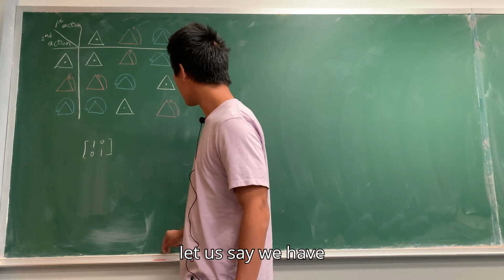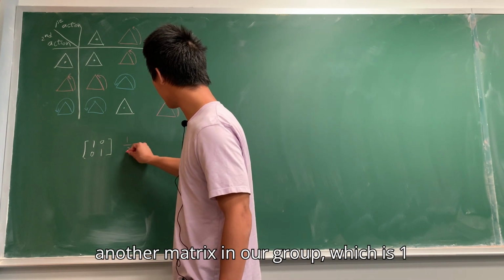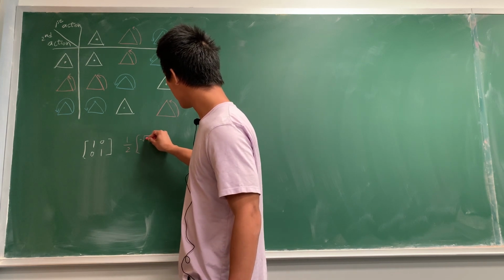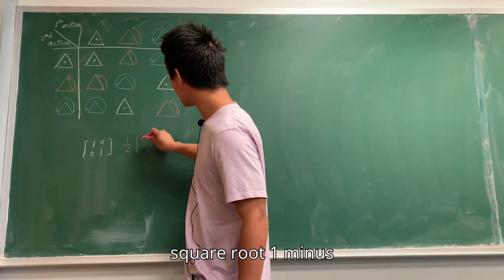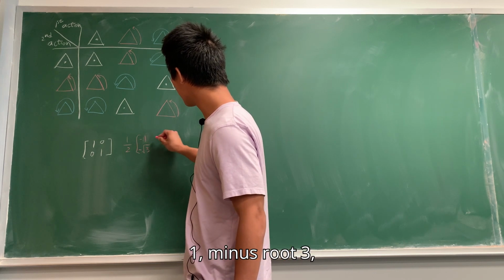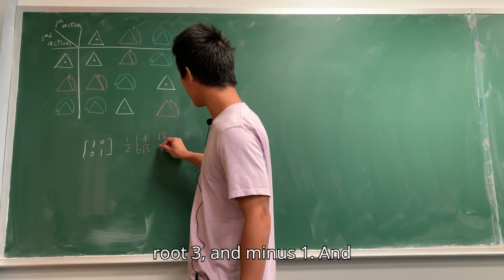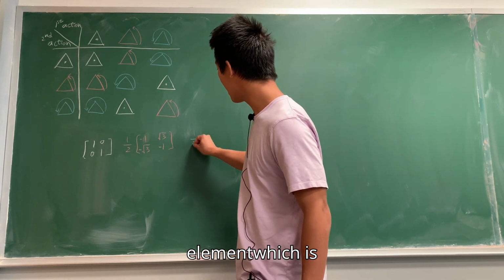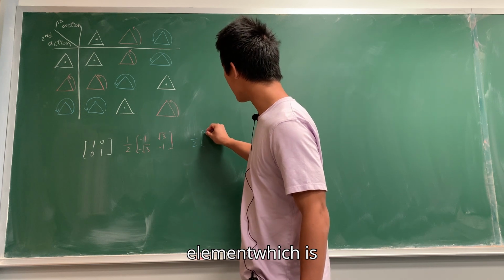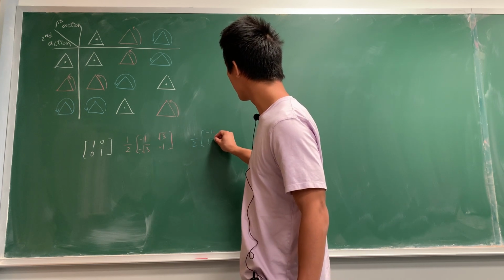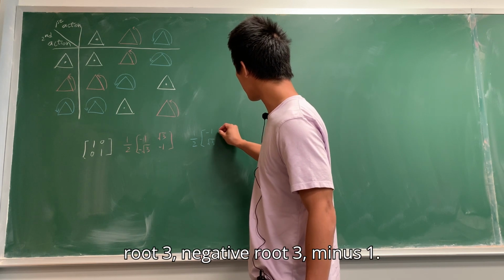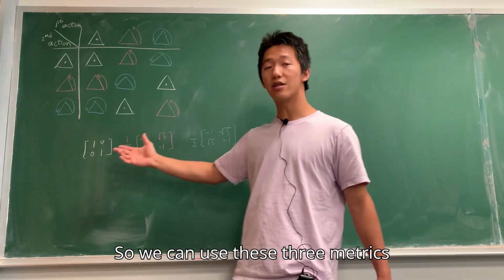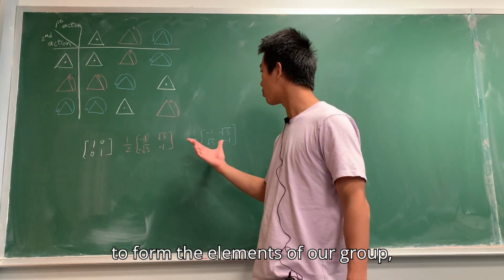Let's say we have another matrix in our group, which is 1/2 times [1, -root 3; root 3, -1]... and then we can have one more element, which is similar, but with root 3 and negative root 3, minus 1. So we can use these three matrices to form the elements of our group.